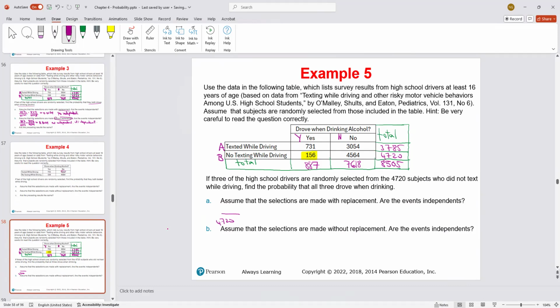Okay, so what number would that be? Yes, 156 times. Now assume that the selection is made with replacement. So 156 again over the same number, 4720, times 156 again over 4720.